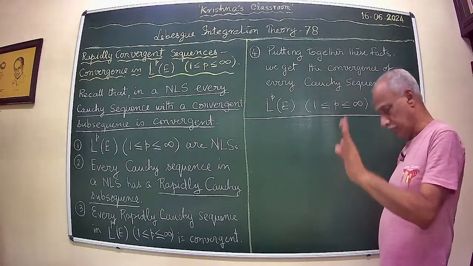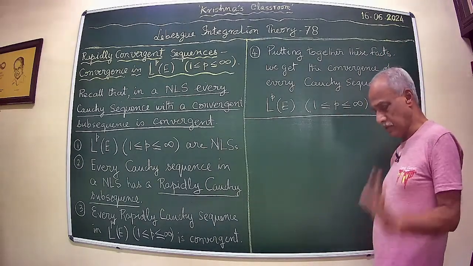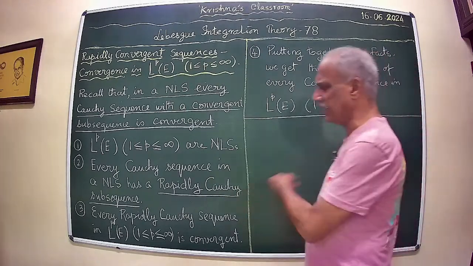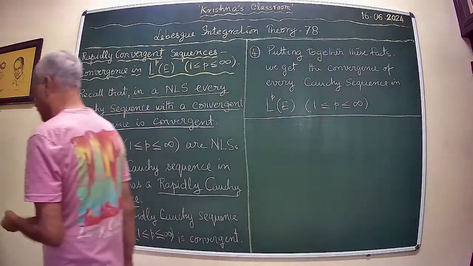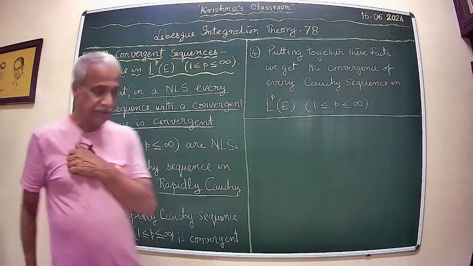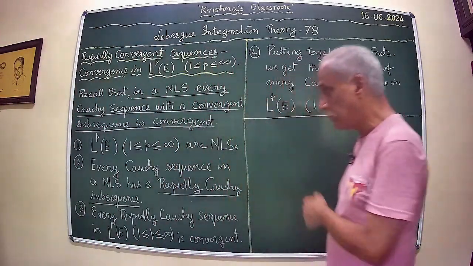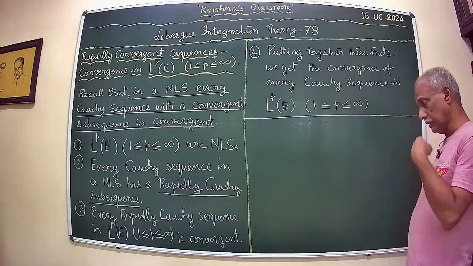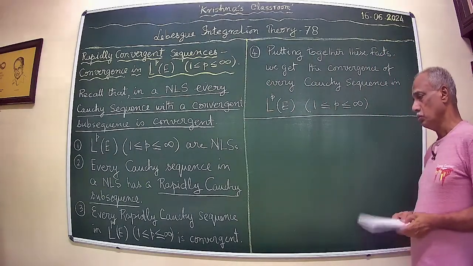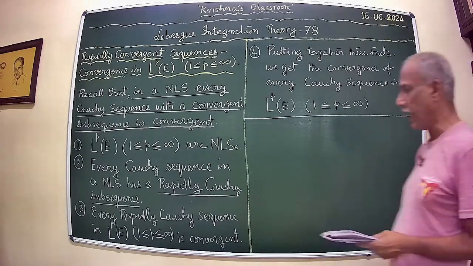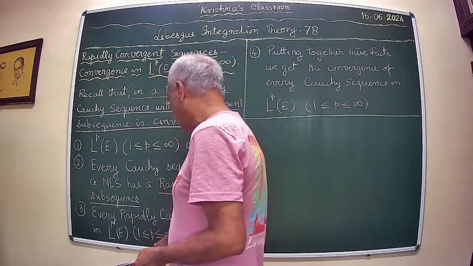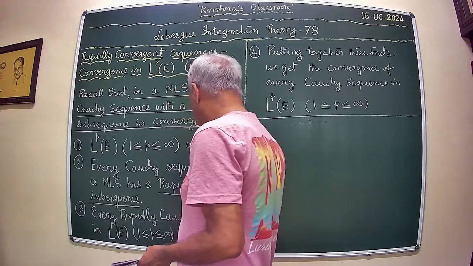That is a very straightforward way of constructing it that we have seen in the proof. Now, the next stage then is to show that every rapidly Cauchy sequence in LP(E) for 1 less than or equal to p less than or equal to infinity is convergent.